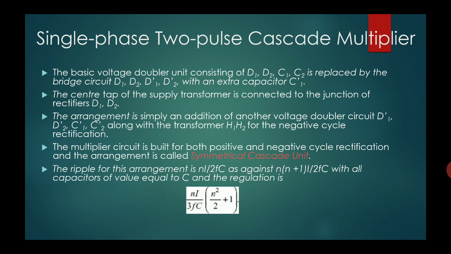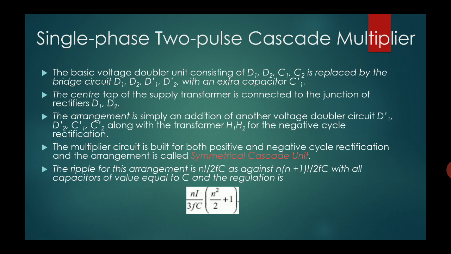The basic voltage doubler circuit consists of rectifiers D1, D2 and capacitors C1, C2, and is replaced by a bridge circuit D1, D2, D1 dash and D2 dash with an extra capacitor C1 dash. The center tap of the supply transformer is connected to the junction of the rectifiers D1 and D2.